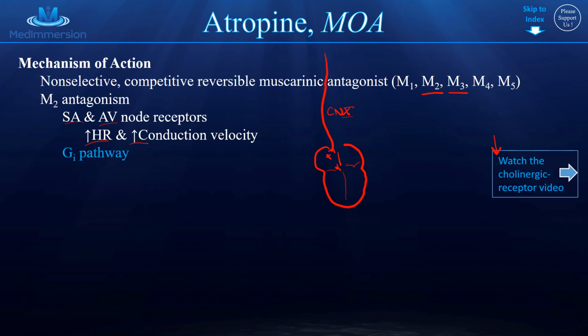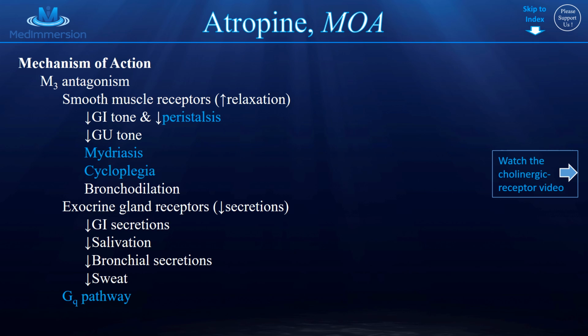Okay, let's move on. Next up are the M3 receptors. What happens when we block these M3 receptors? Well, the key here is, again, where are M3 receptors? There's a whole lot of them associated with smooth muscle and a lot of them associated with exocrine glands.